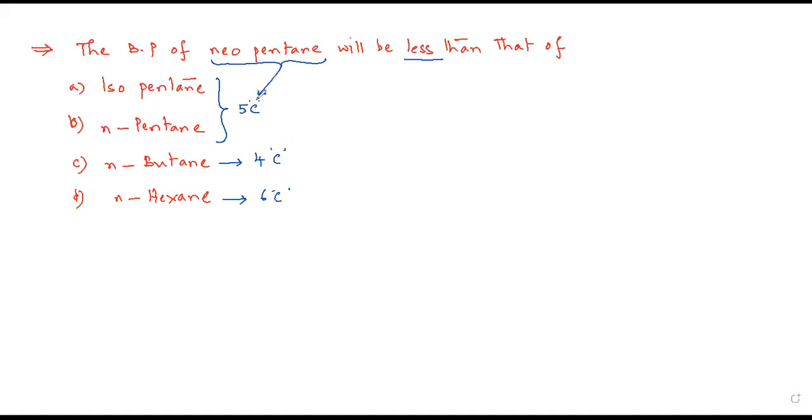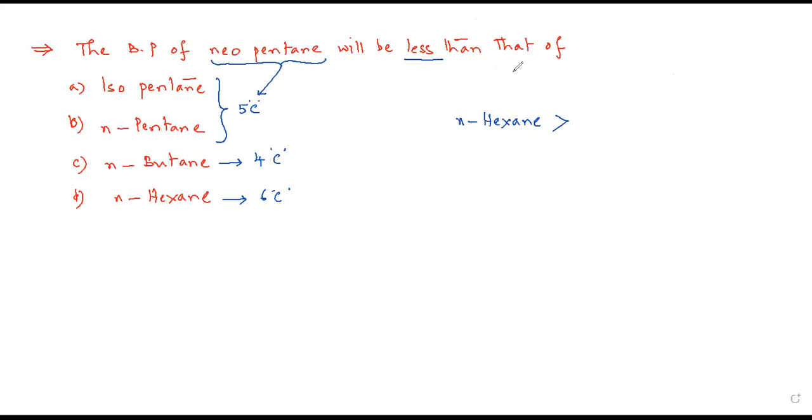Right. So at the first sight, we can say that N-hexane will have the highest boiling point. Right. With 6 carbon atoms. Then how about those with 5 carbon atoms?